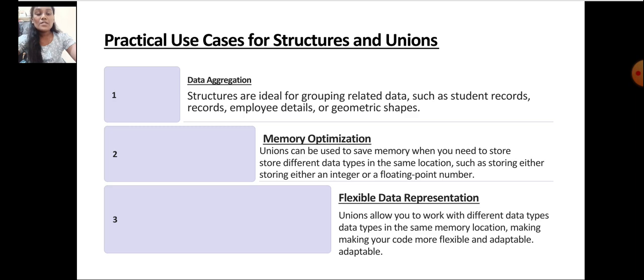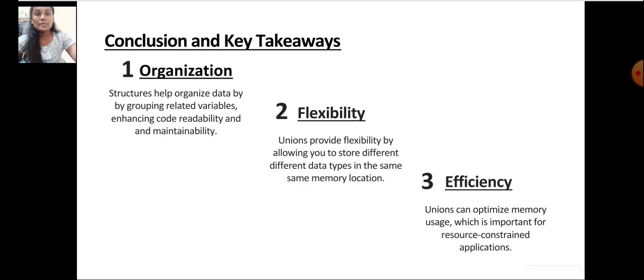Unions can be used to save memory when you need to store different data types in the same location, such as storing either an integer or a floating point number. Flexible data representation. Unions allow us to work with different data types in the same memory location, making your code more flexible and adaptable.